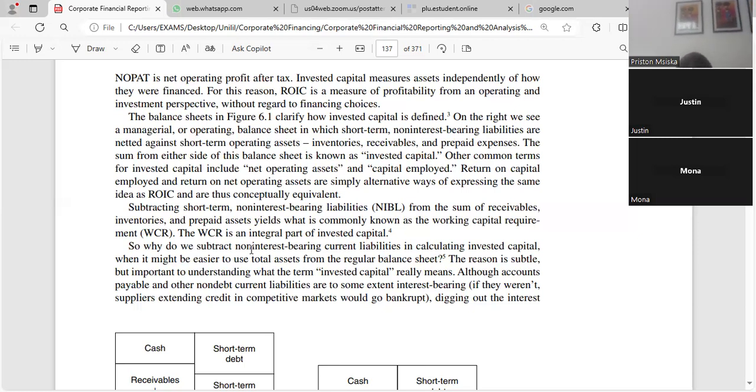Okay? Now, these profitability ratios are many. Just now, we have looked at a profitability ratio which deals with income versus sales volumes.